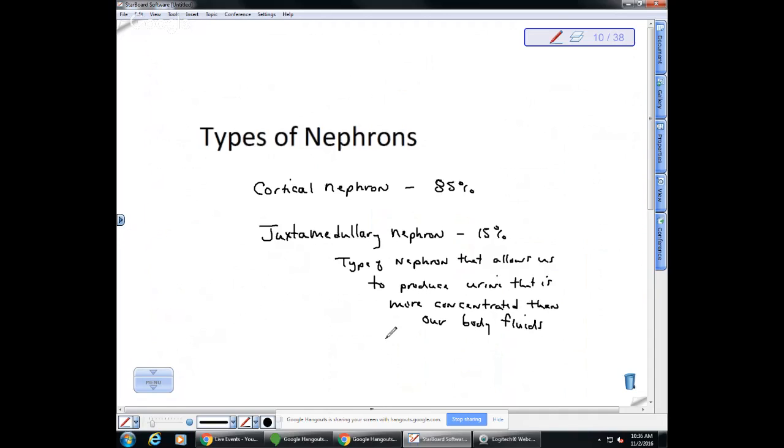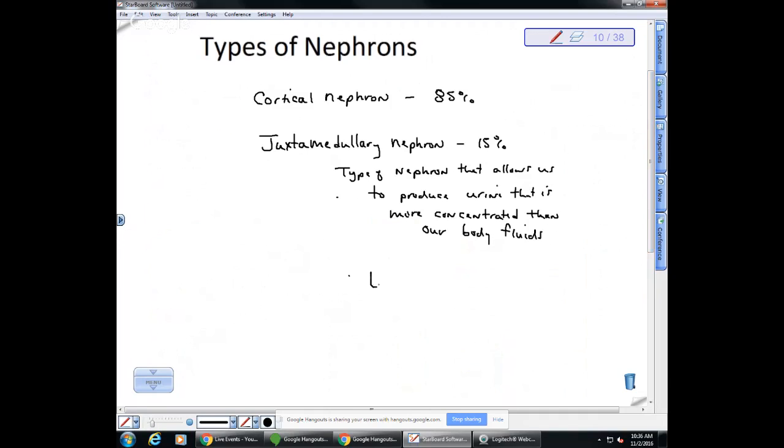And desert mammals, like kangaroo rats, for example, have even more specialized, longer juxtamedullary nephrons. So if we look at what this means, juxta means next to the medulla. The reason they're called juxtamedullary is that their loops of Henle extend down into the medulla, and hence their name.